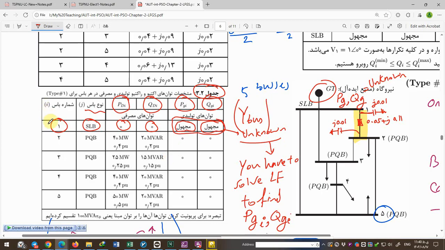Okay, bus number 2 is a PQ bus, also called a load bus.